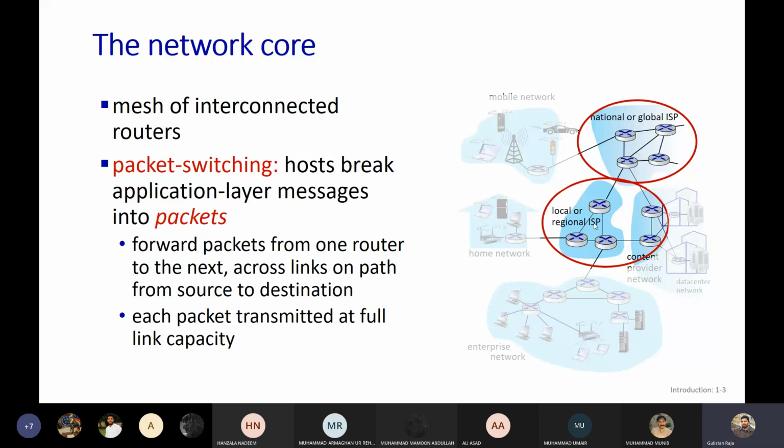So if you recall, last lecture, the host is the end system, like a laptop, a smartphone or any other device. So basically it breaks the application layer. There is a layer. We'll talk about this layering structure, but you can consider it as a module for the meanwhile, because we didn't study layers yet.